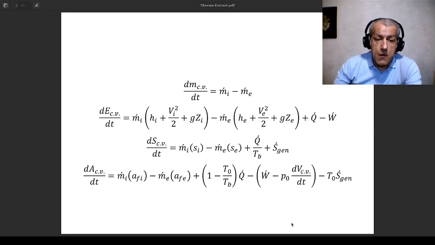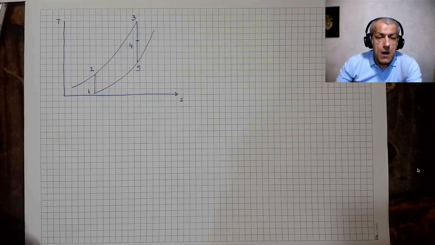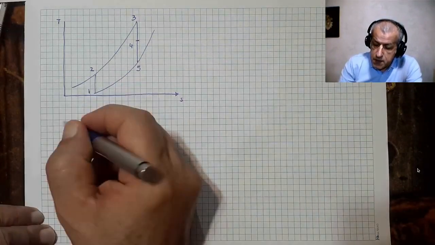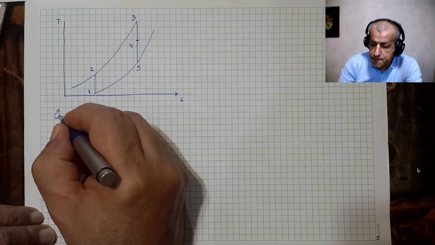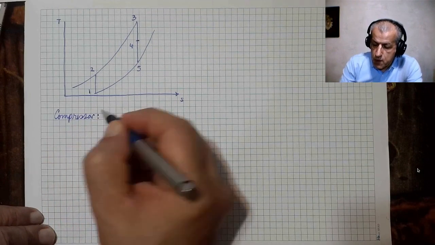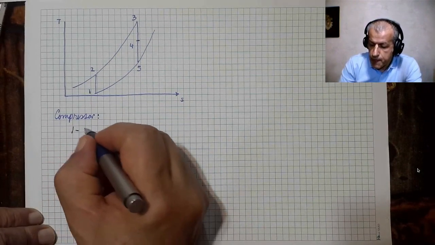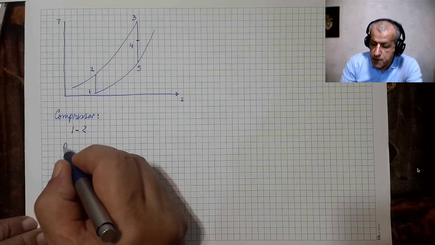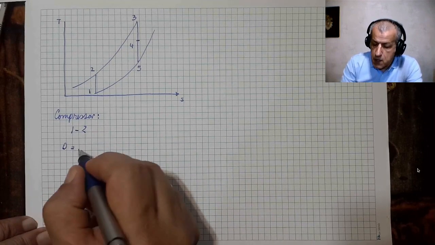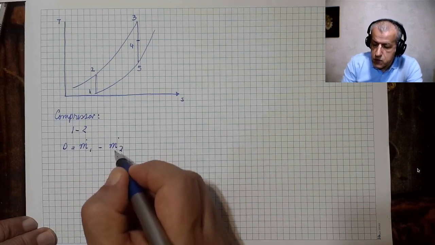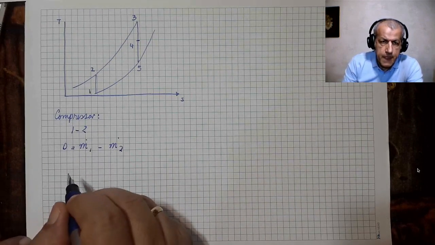Now, I will do it one by one and see how it would result. As for the compressor, process 1-2, what do we have? We have 0 for mass conservation law equals m dot 1 minus m dot 2, in and out.